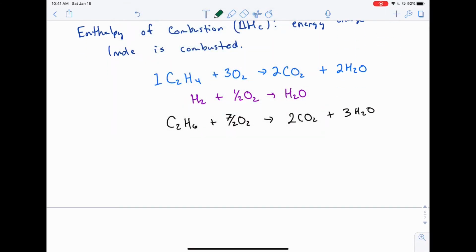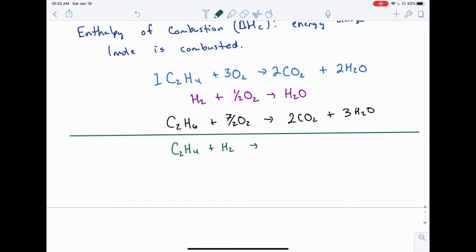Give you all a second to write that down. But I'm going to write the overall reaction here. Let's say my overall reaction is the addition of hydrogen to an alkene. C2H4 plus H2 yields C2H6. Let's pretend that's my overall reaction. You see where this is going, Pancho?